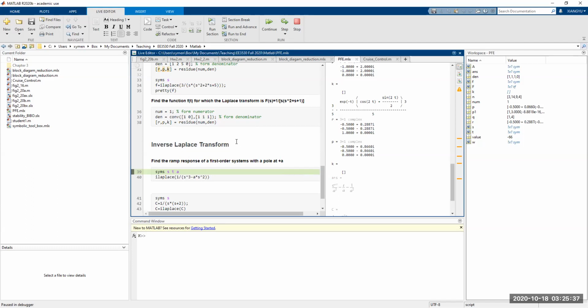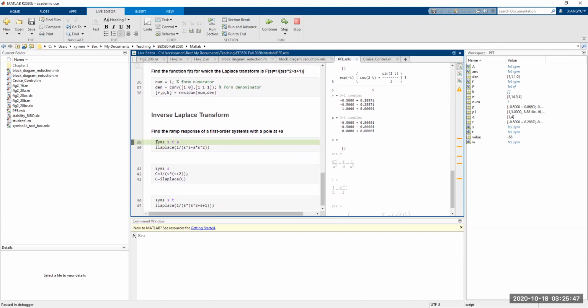In MATLAB, we can directly calculate the inverse Laplace transform from the Laplace transform of the output. Let's define symbols s, t, and a. We use inverse Laplace transform on 1 over s cubed minus a s squared.